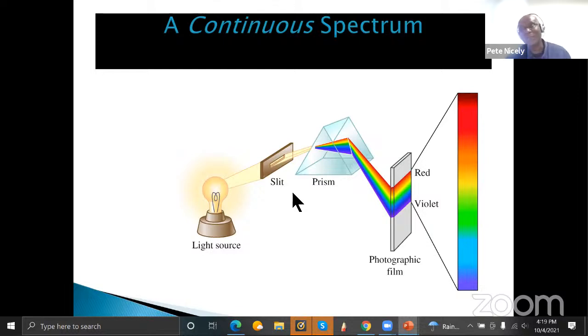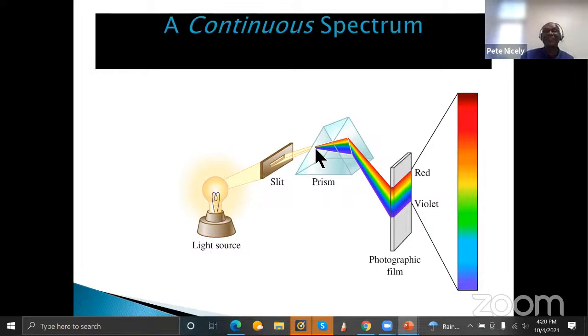If you have done physics or plan to do physics, you know that when a light beam passes from, let's say, vacuum into a medium like glass or a plastic prism, the light would undergo a bending as a result of a reduction in the speed of light as it passes from the vacuum into that medium. And the slower the speed of the light as it passes through the medium, the greater the extent of bending.